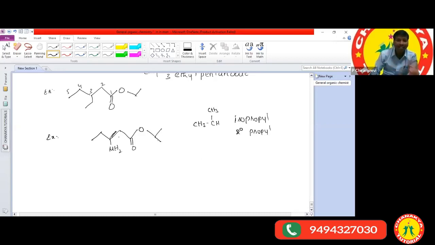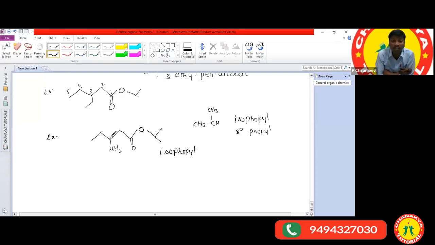Remaining, you can tell easily. So the first alkyl group we can write as isopropyl. Now you got the answer, first here isopropyl. Next, substituent is there. What is the position of the substituent?